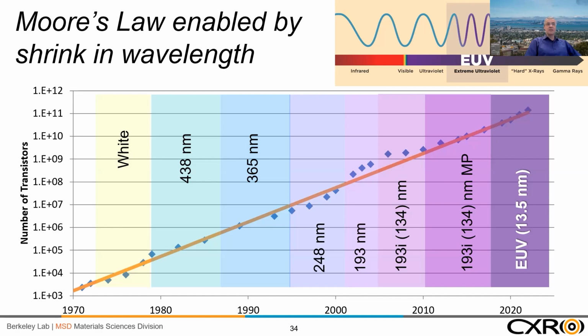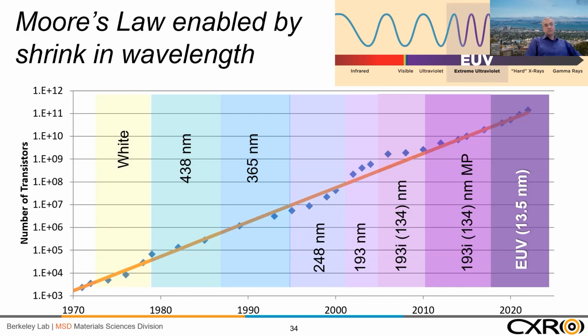Back in the 1970s, we were using white light, and then in the 80s, we switched over to blue light, and then in the 90s, ultraviolet light, and finally in the 2000s, we went to deep ultraviolet light, but then we kind of got stuck there, in the 248 to 193 nanometer range. We got stuck there because we were unable to make glass that was suitably transparent to push the wavelength even further.